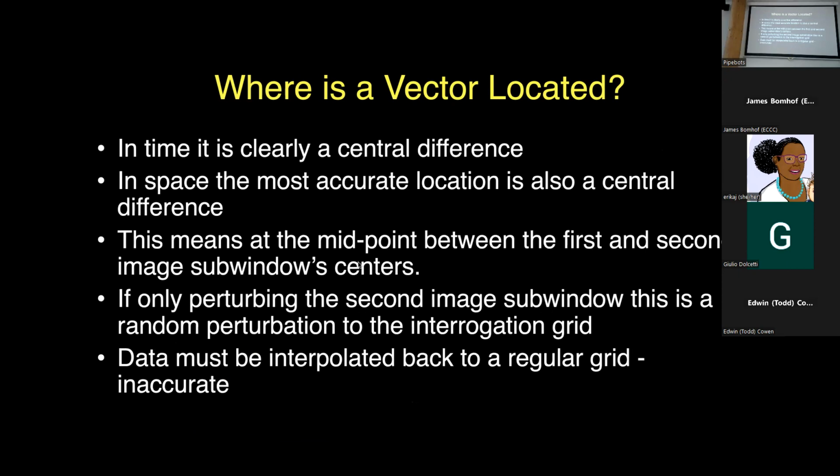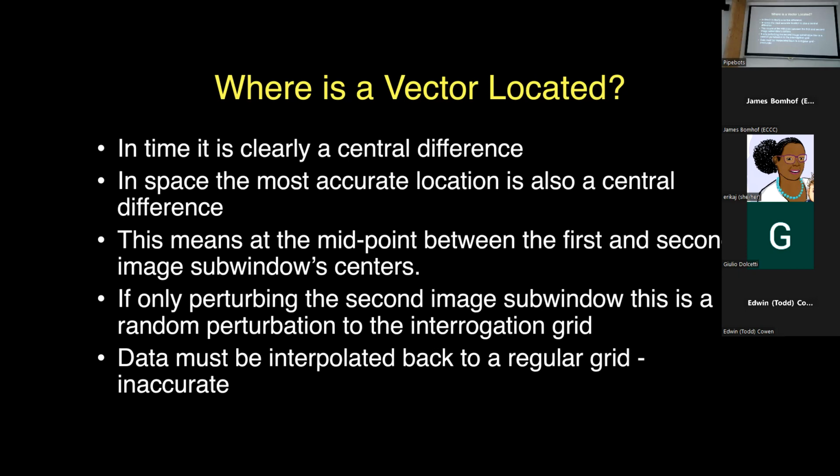But for those of us that started by using some sort of discrete window offset and letting subwindow 2 slide based on a fixed location of subwindow 1, we're really locating spatially the vector at the interrogation grid point that we started subwindow 1 at, then displaced by the displacement measured between the two subwindows divided by 2.